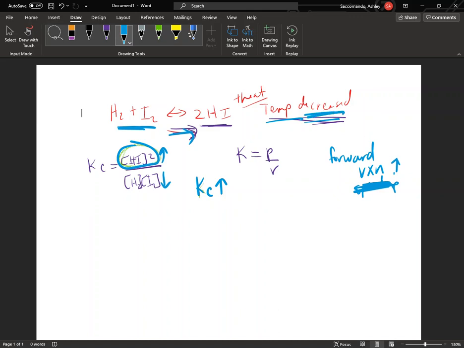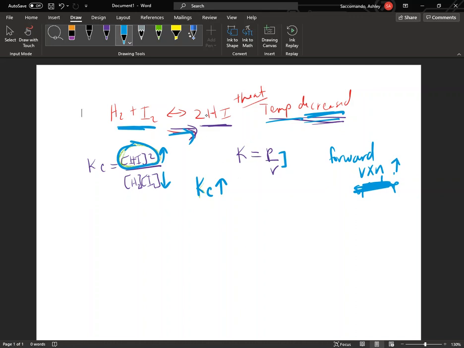When you decrease temperature, you're lowering the kinetic energy of all the particles, so you're technically slowing them down. However, the forward reaction is going to be faster than the reverse reaction. That's why this ratio of products to reactants is now going to change, because we're changing the rates of the forward and the reverse reaction. So basically that's what's going on here.